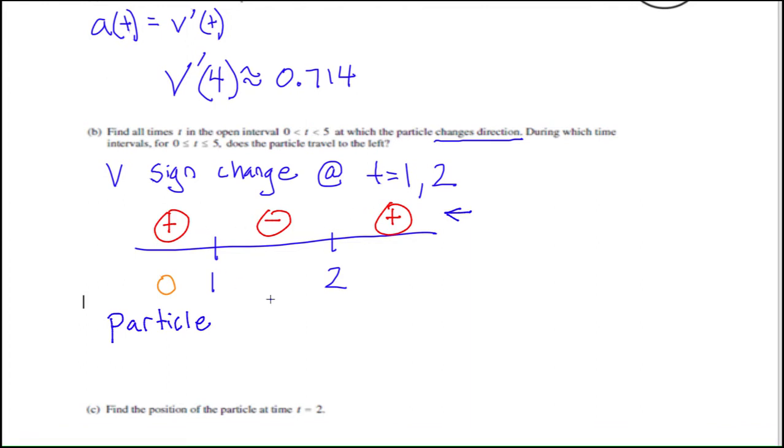Yeah, just t equals 1, and then the particle travels to the left from 1 to infinity. So the particle travels to the left on 1 to 2. Cool, and that is all of part B.